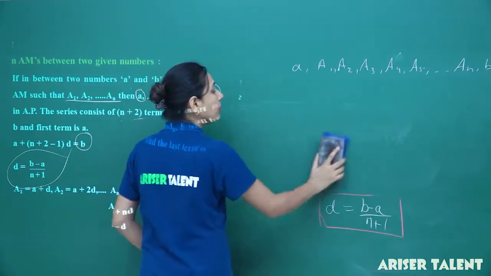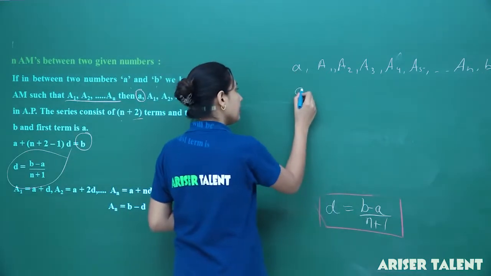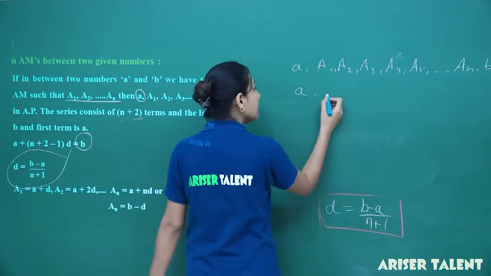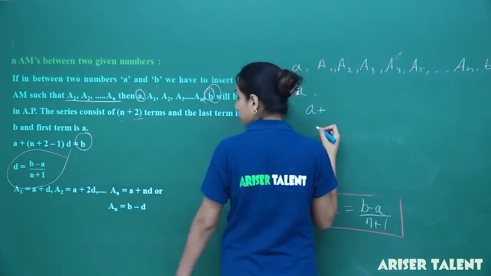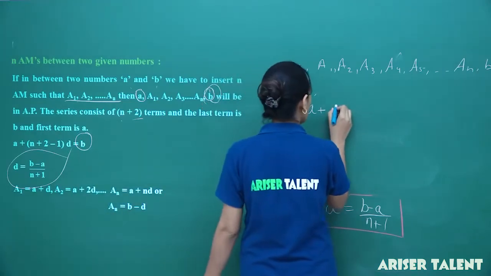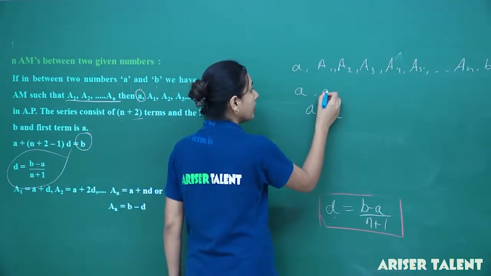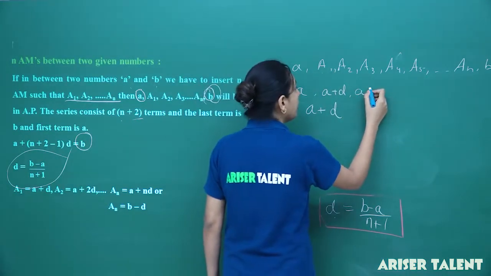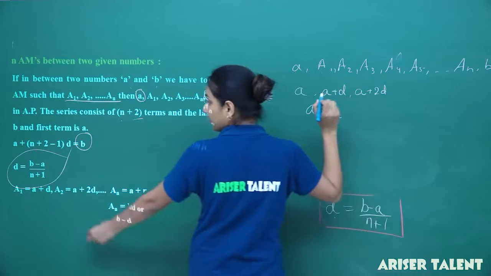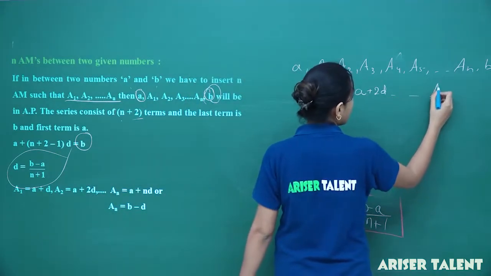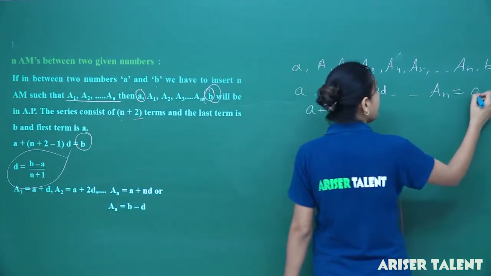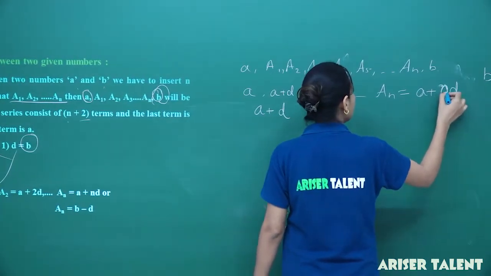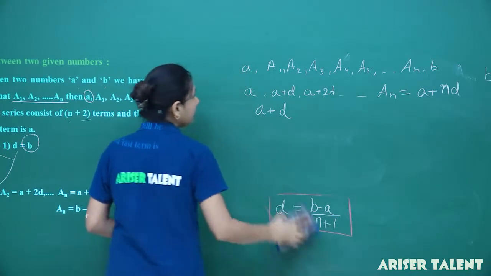How will the series go on? This is A. Then A1. Now what is A1? A1 is this A plus D, the common difference. Then that will be A plus 2D. Likewise An will be equal to A plus n multiplied by D, isn't it?